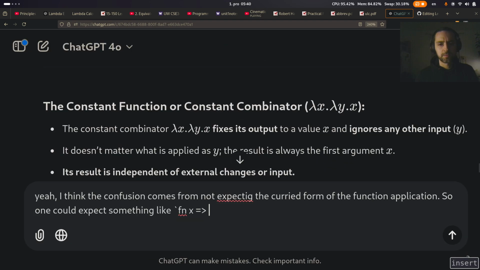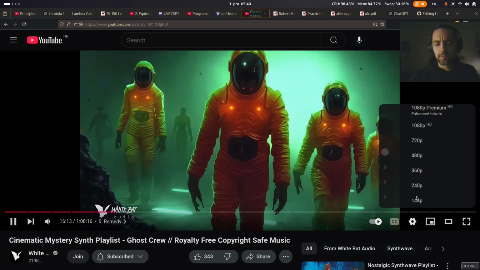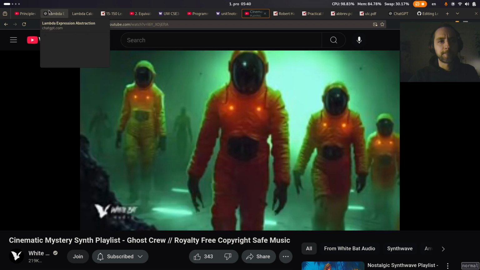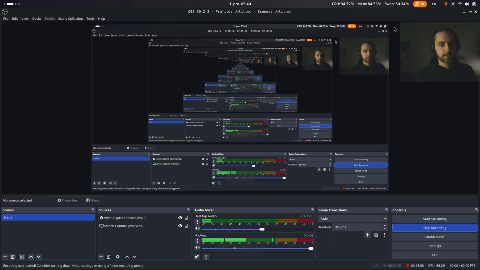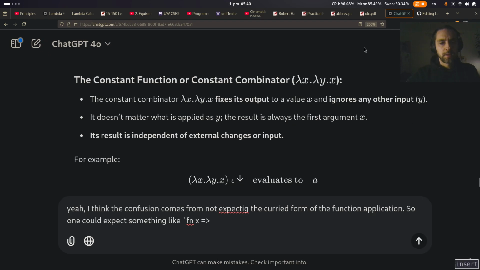So I think the confusion comes from not expecting the curried form of the function application.